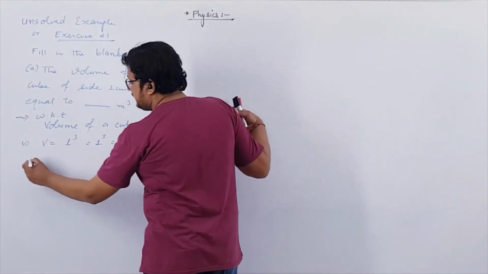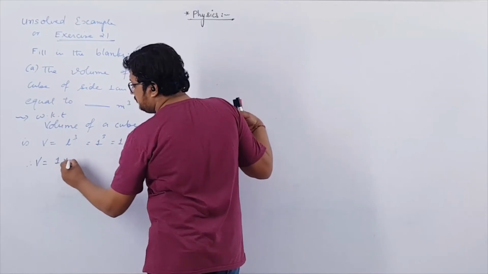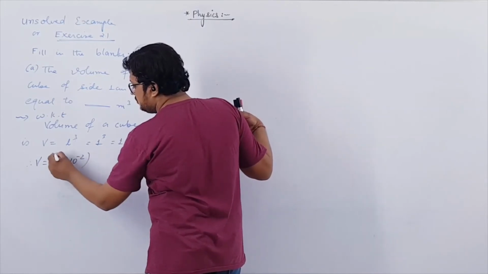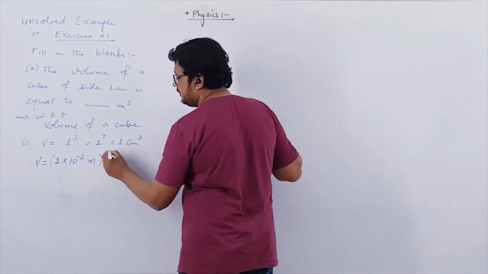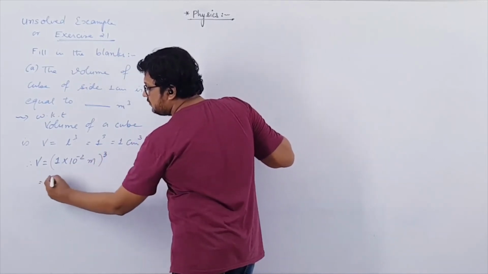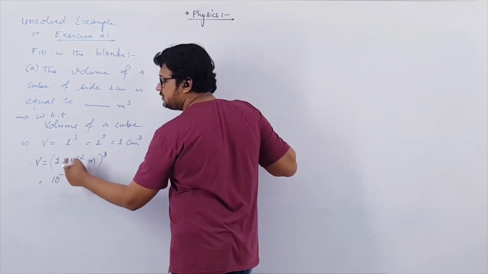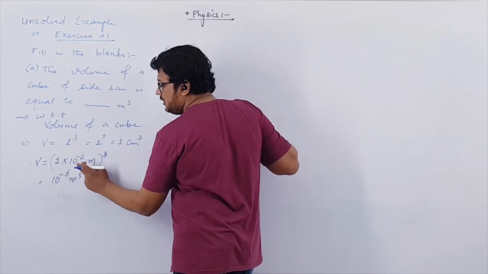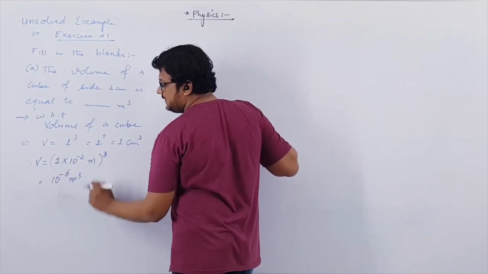So we can say that V will be equal to 1 centimeter, which is 1 into 10 raised to minus 2 meter, whole cube. Right. So 2 3s are 6. So this will be equal to 10 raised to minus 6 meter cube.